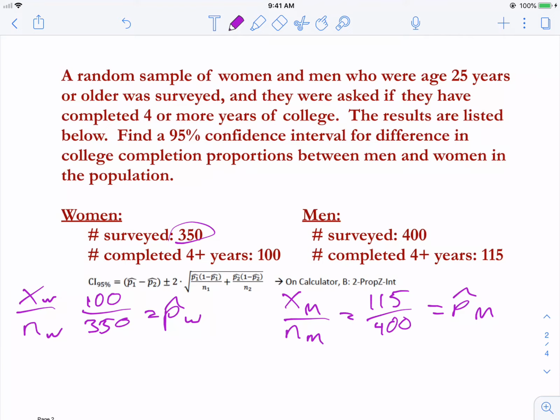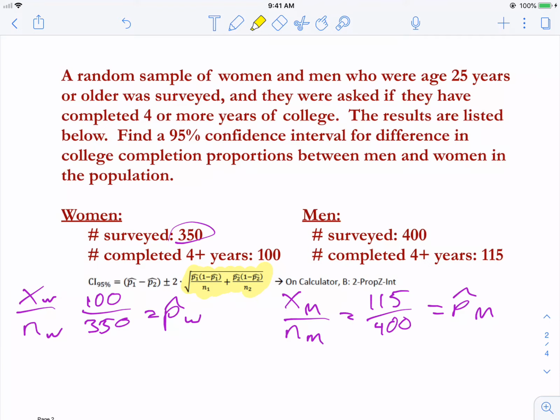Now, we could get those decimals if we wanted to just by typing them in on the calculator, but the graphing calculator will take care of this for us. You can see this equation that we have right here. What we're doing is getting two of these measures of variation, kind of a modified version of a single proportion confidence interval.